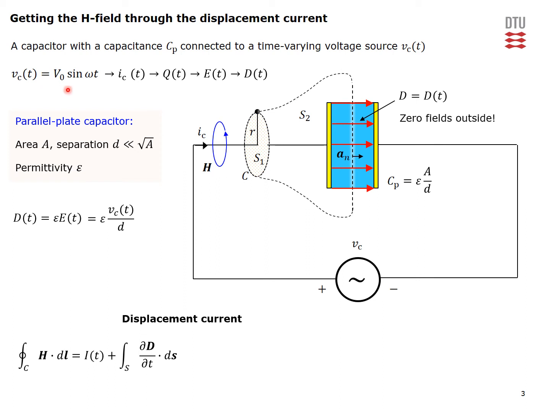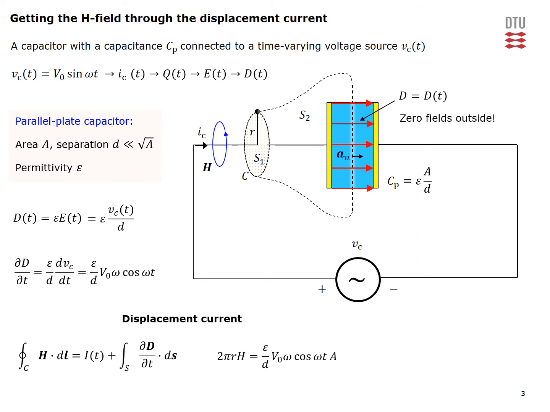Now we know the voltage, we can plug it over here, and then we can calculate this time derivative of the electric flux density very easily with this final result. Now this is known as displacement current density, and we will have to plug it inside of this expression here in order to calculate this displacement current. And this is easily done.